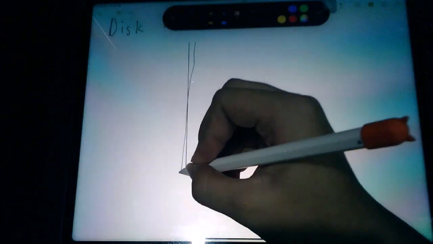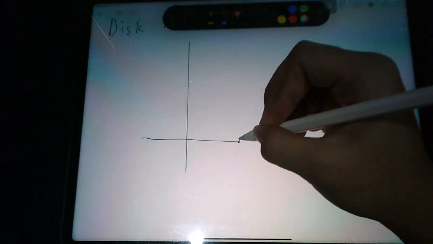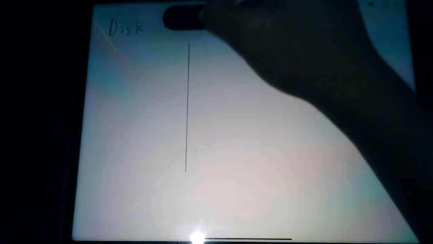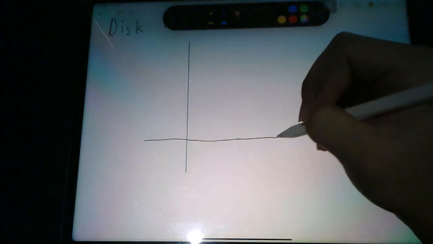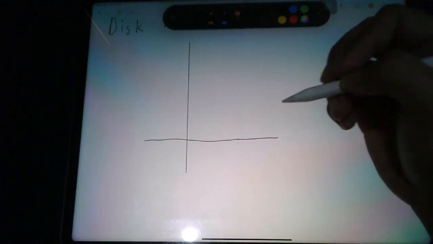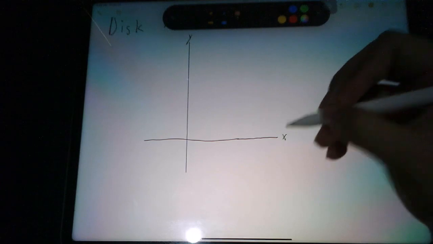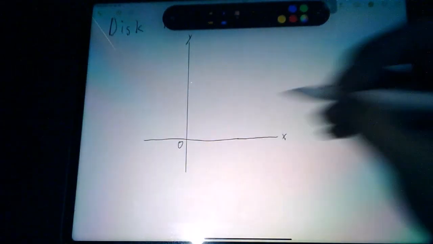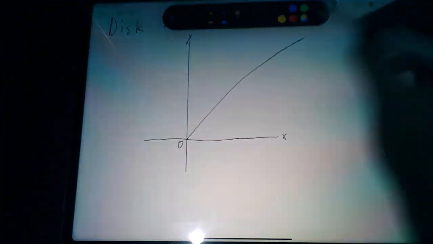So first we need to illustrate or create a graph. This is the graph. So this is our y-axis and this is our x-axis and this is our point of origin. Let's say we have a line here.